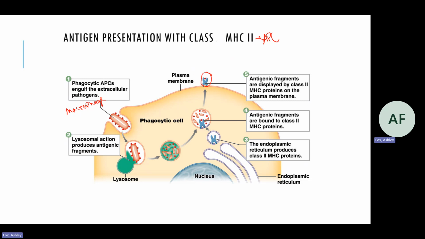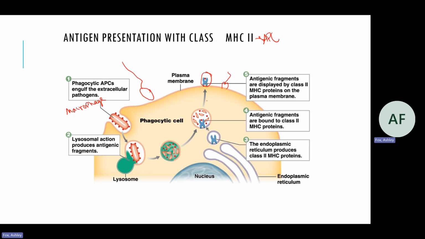Because again, this isn't specific. It's going to fight off any type of bacteria. It may have one that has kind of a tail or something, and it'll fight off this infection as well. So on an MHC2, it might have a piece of that. So it's going to fight off different types of pathogens.